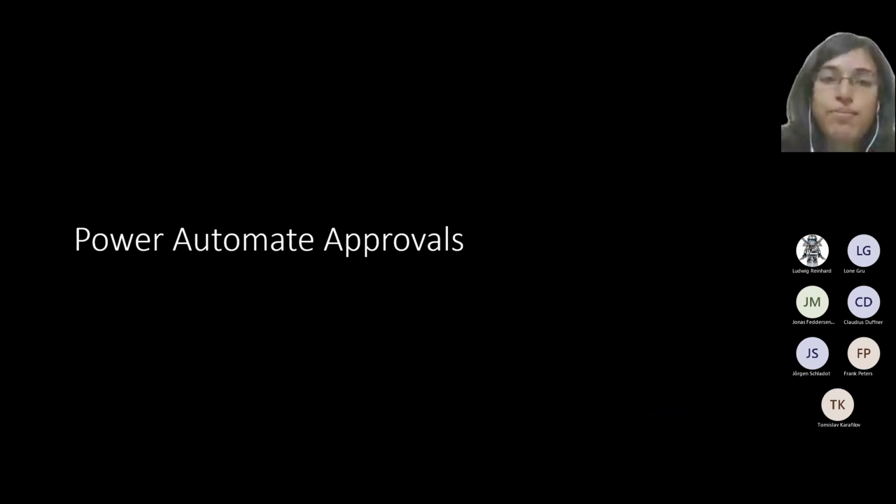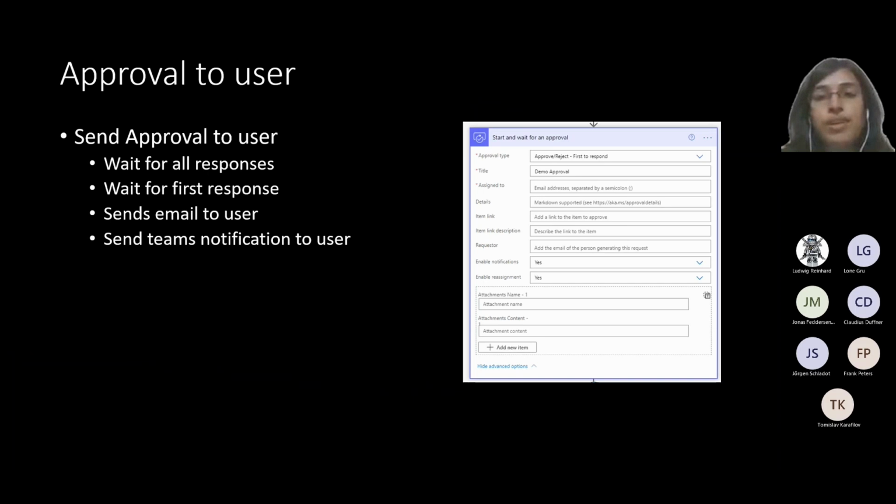So first, talking about Power Automate approvals. There are two ways you can create Power Automate approvals. One is using the start and wait for approval actions. When you want to send approval to the users, you have options to wait for all responses, wait for first response, send approvals as email to the users, or send Teams notification for the approval, right?